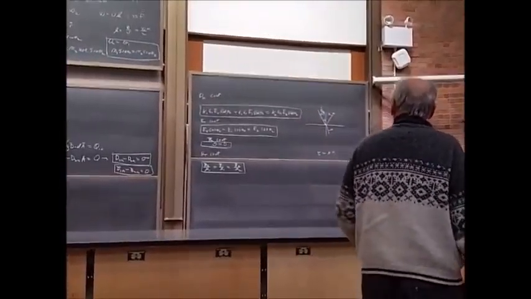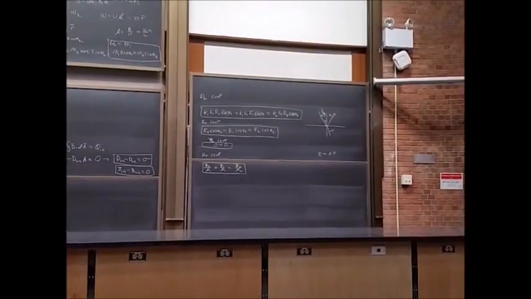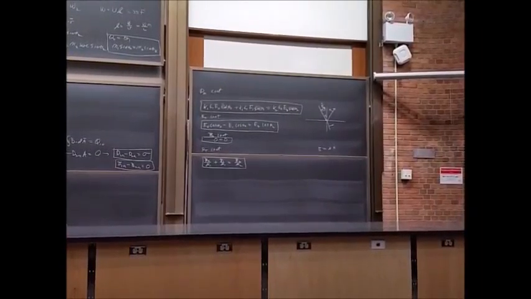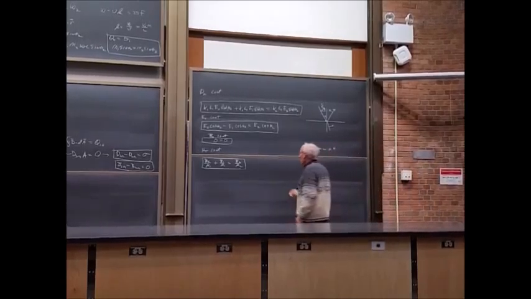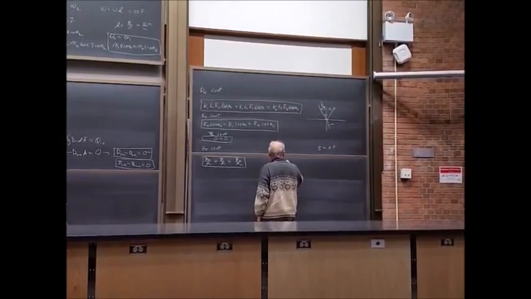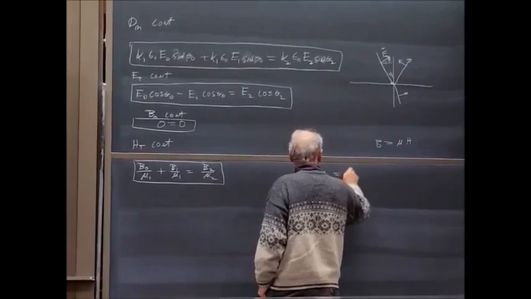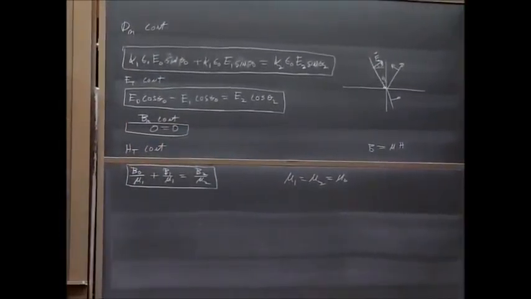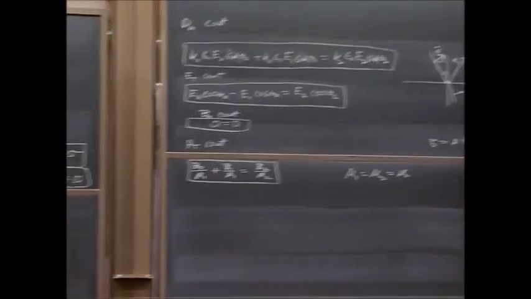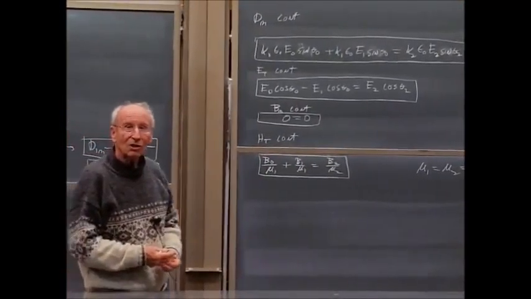So that's the story in general. Now, to make the arithmetic a little bit simpler, we're going to assume that mu1 is equal to mu2 is equal to mu0. It's not necessary to do that, it just makes the algebra a little simpler, and it's almost always the case.